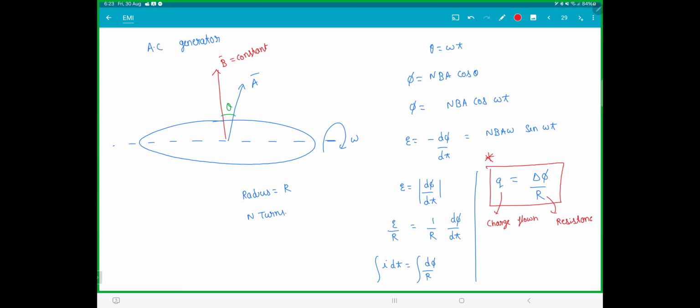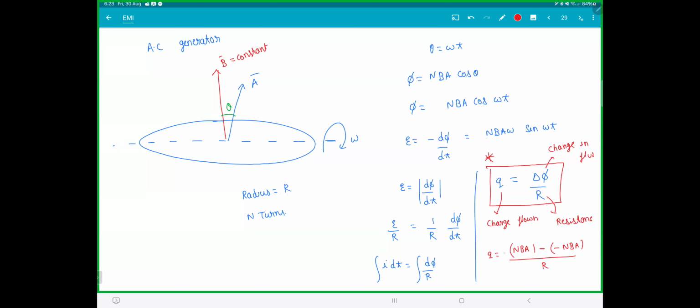So I'm not interested in how the flux is changing. Simply change in flux by resistance. So in our case, change in flux will be number of turns into B into area into 2 times. Initially it is BA, finally it is minus BA. So N into BA, initial, final minus of minus N into BA.